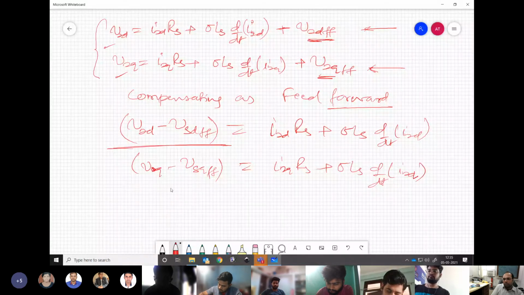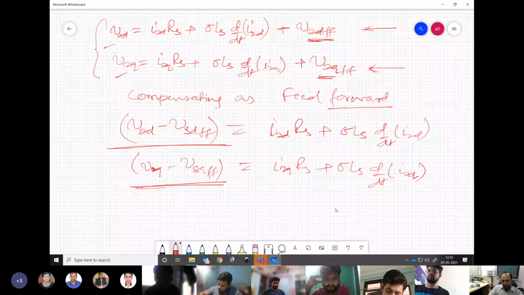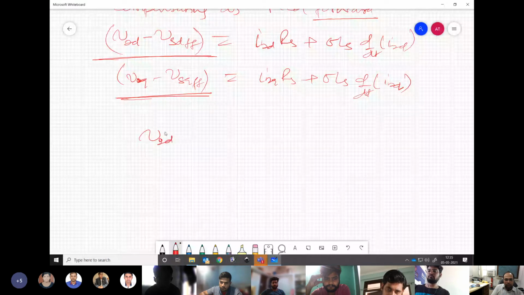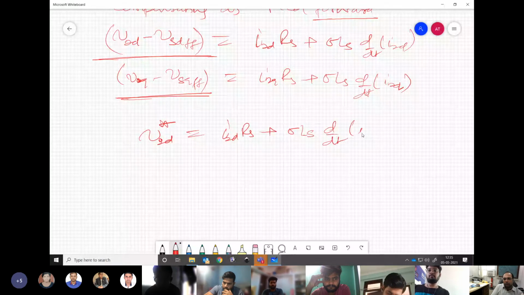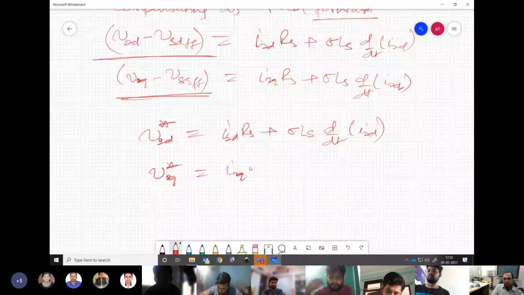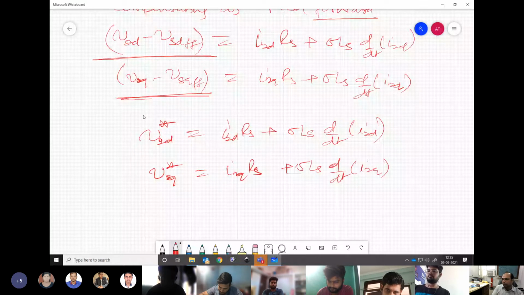So this is what you have absorbed within the input voltage itself. So I can write VSD star is equal to ISD RS plus sigma LS d/dt of ISD, and VSQ star is equal to ISQ RS plus sigma LS d/dt of ISQ. I have absorbed these terms within my input itself. This is the meaning of feed forward compensation.